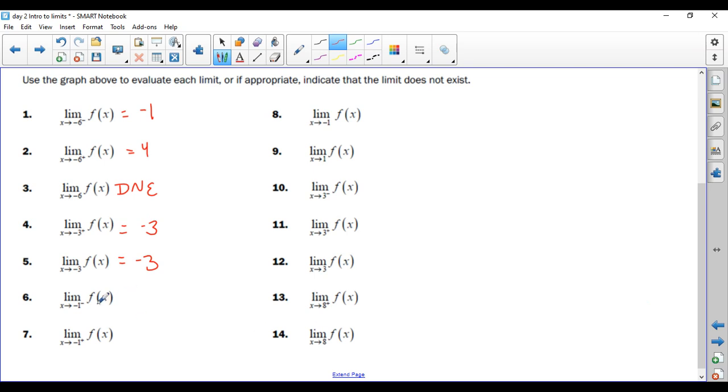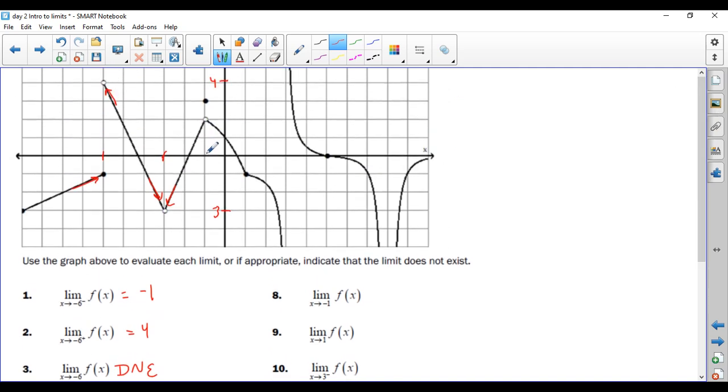Then we're going to look at what happens at -1 from the left, from the right, and overall. At -1, as we come in from the left, the y coordinates get closer to 2. As we come in from the right, the y coordinates get closer to 2. Notice they never hit 2 there. That doesn't make any difference for the limit.